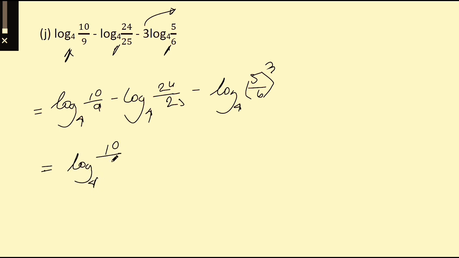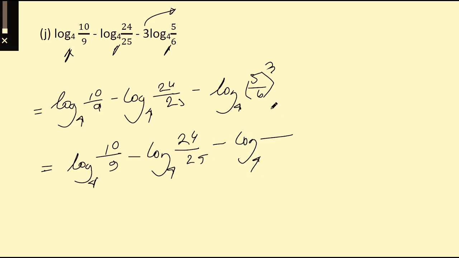Now we can write it as log 10 over 9 to the base of 4 minus log 24 over 25 to the base of 4 minus log 5 cube, which means 125, over 6 cube, which means 216, to the base of 4.